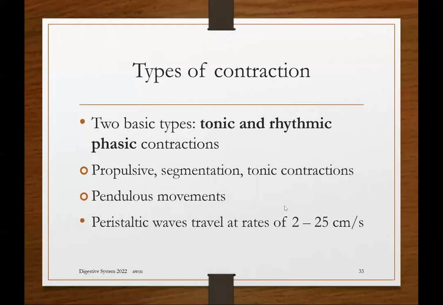So basically what we're saying is that you can see the muscles in the gut wall contracting and relaxing, but you don't get a change in the circumference or in the luminal dimension. So the lumen doesn't get smaller. What is happening is that you're getting a tightening of the muscles in the wall, but you're not changing the luminal diameter. That's what we're calling a tonic contraction.